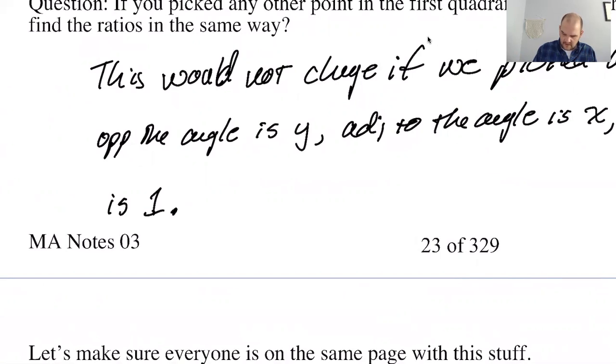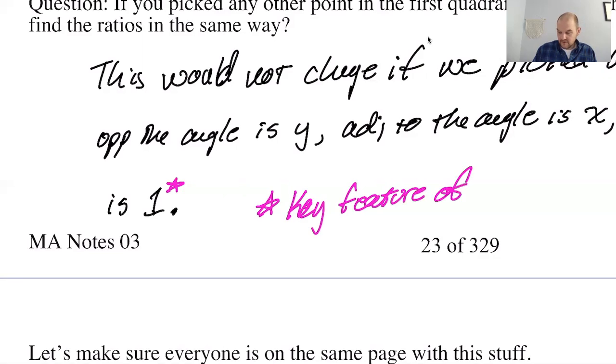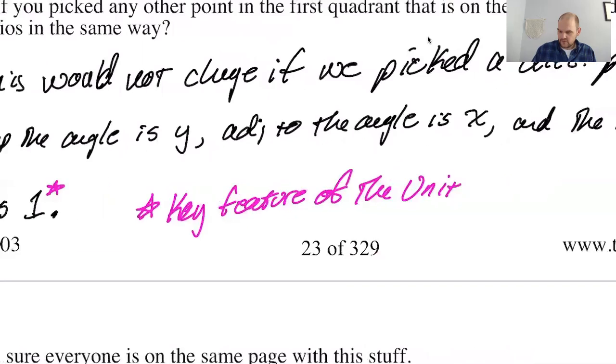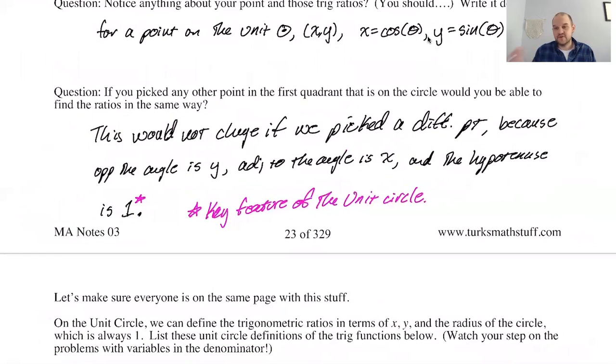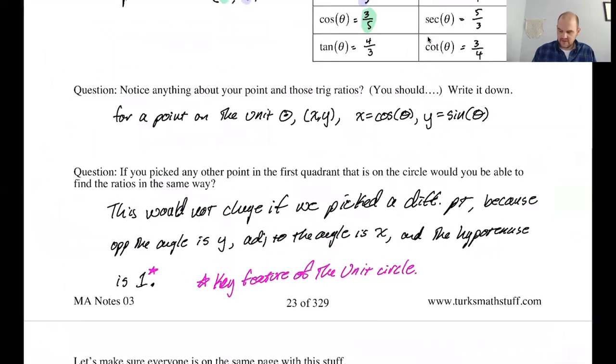There are a lot of circles, but the unit circle has a radius of 1, which is what makes all of these ratios simplify so nicely. Their denominators are all just going to be 1. So that's why your cosine is just going to be x over 1, and your sine is going to be y over 1. It works out perfectly because of the unit circle.